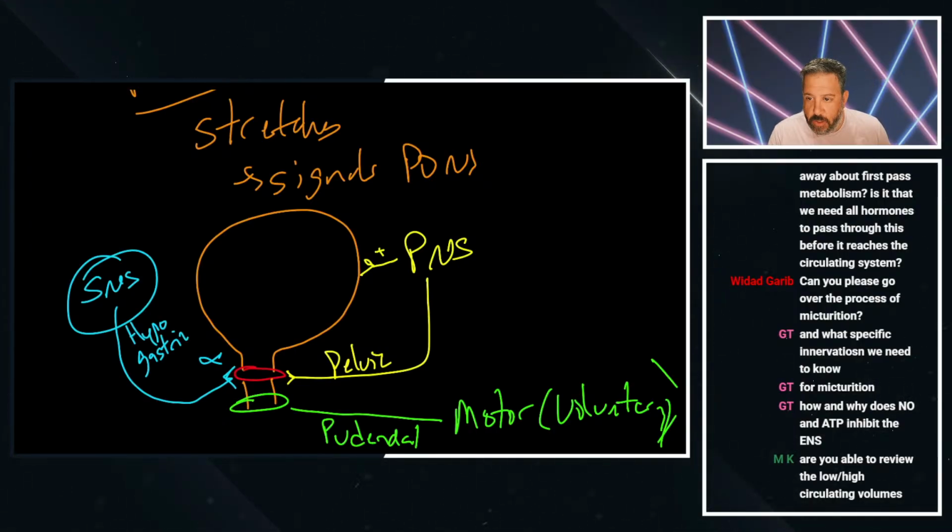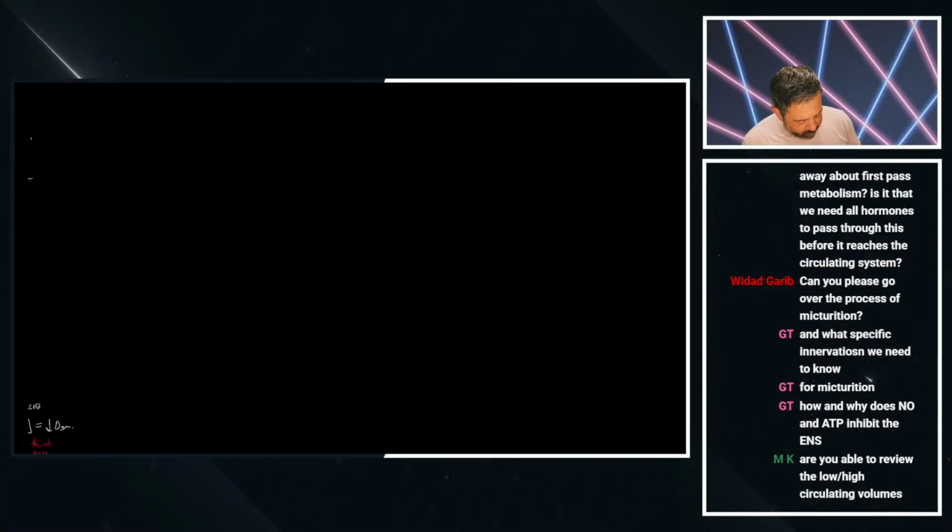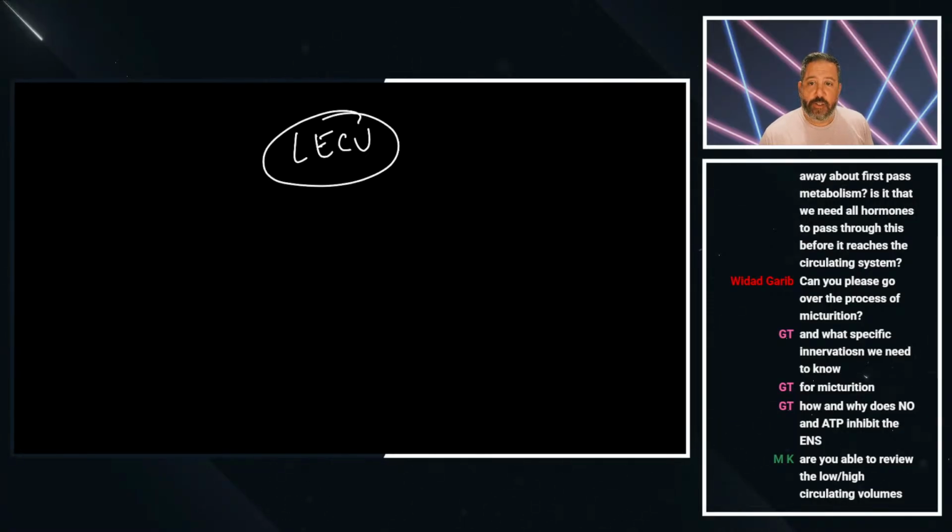Okay, low and high circulating volumes. I was looking for the slide. Here we are. Okay. So we have low effective circulating volume.